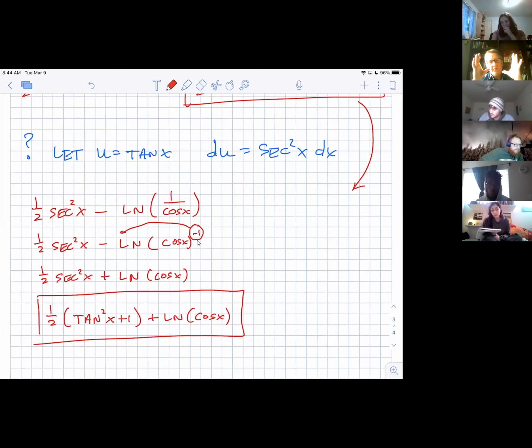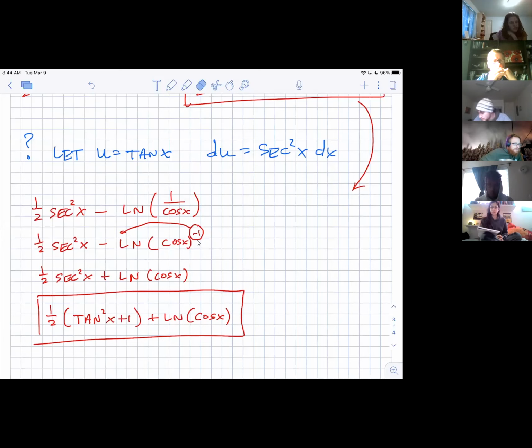Now, I think the reason was probably that it's a little bit longer than before. But that's terrible, because now if I want to evaluate this thing from 3 to 1, I've got a tangent button and a cosine button. And the whole point of this is to use it for something.